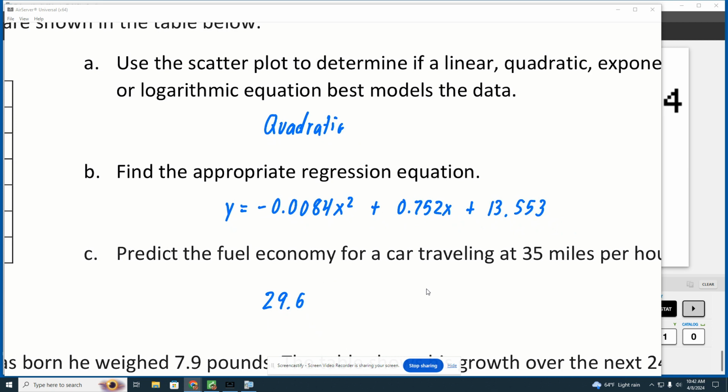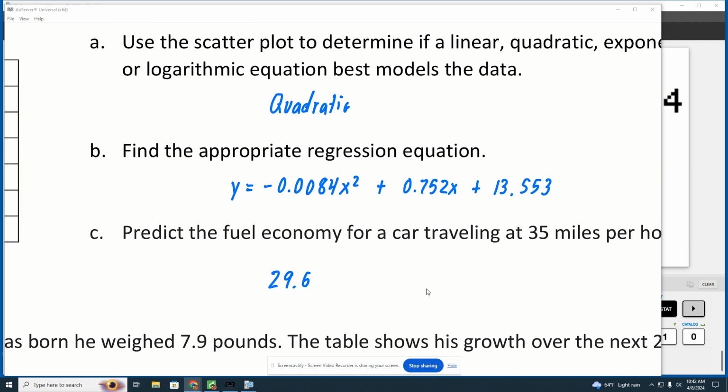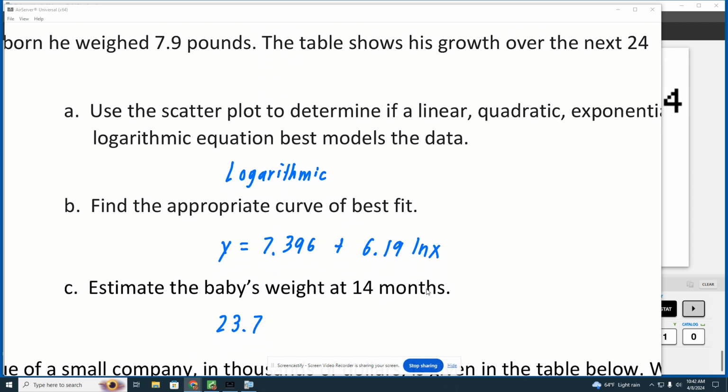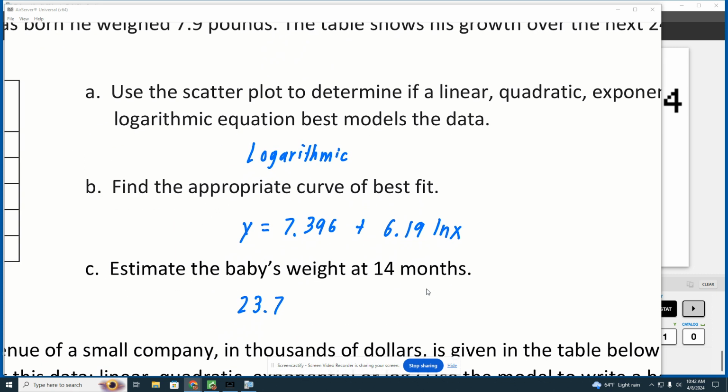All right, what'd y'all get on number 2? Yes, it was definitely a logarithm. It started by going up, and then it flattened out. That's a logarithm right there. So our equation, when we ran our log reg, actually it's ln reg, logarithmic reg, we talked about that.